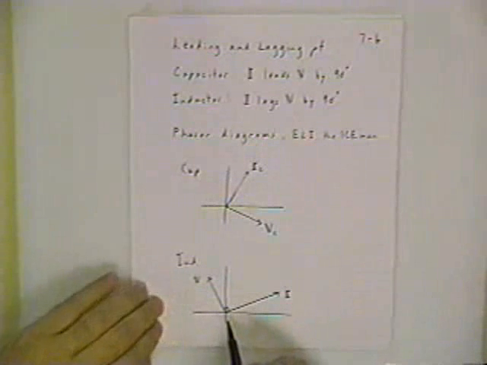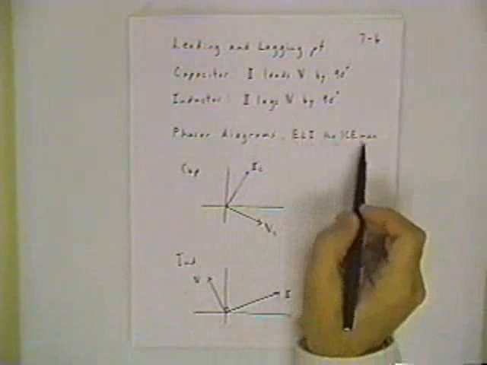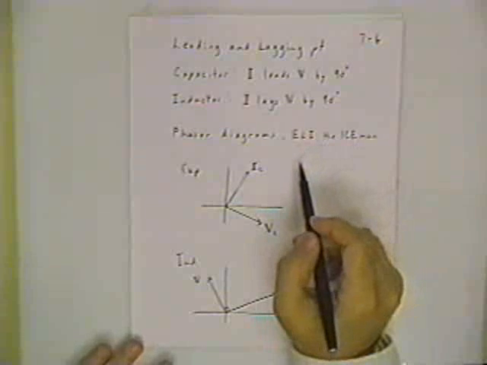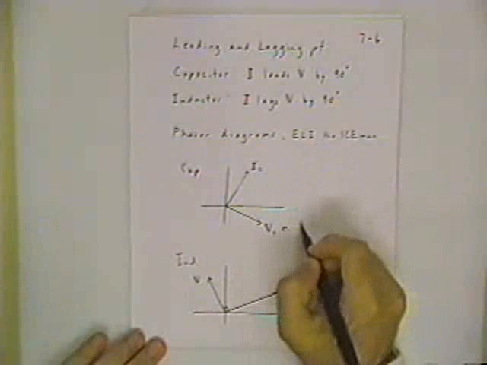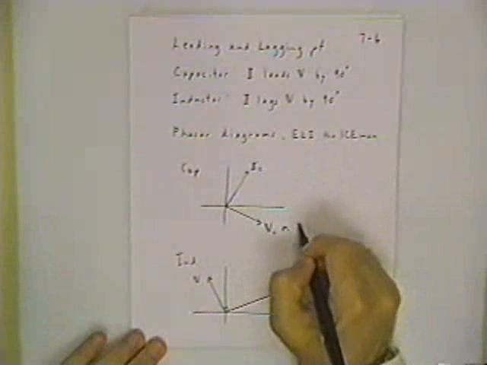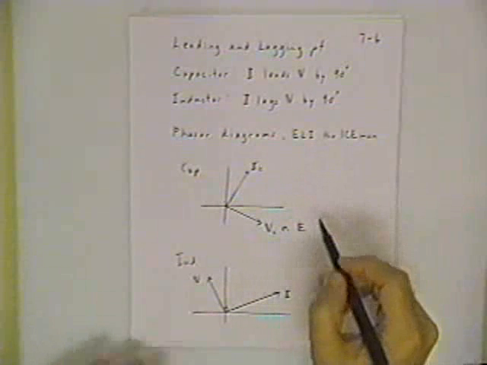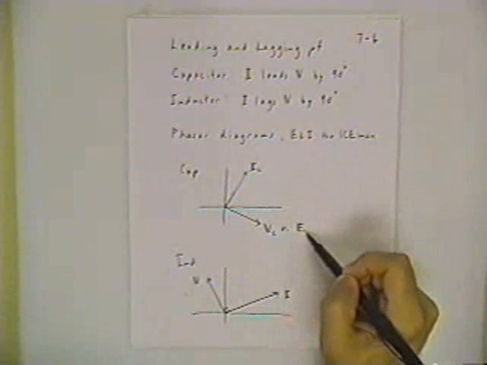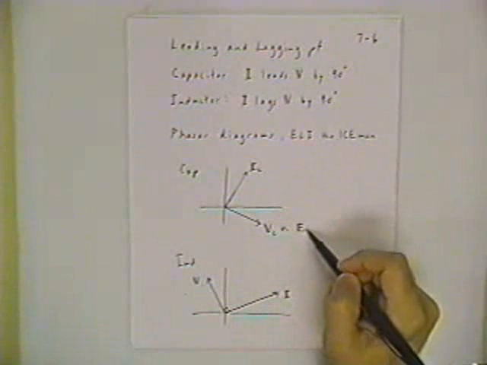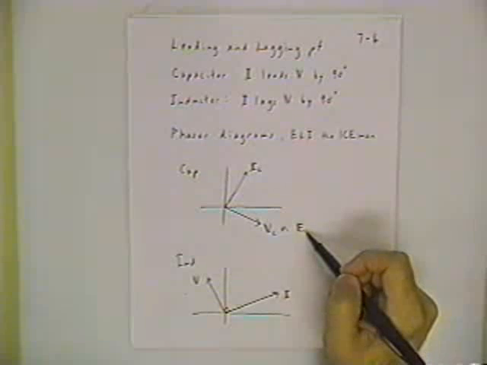Now, there's a nice little mnemonic to help you remember that. If you just go over to the alternate notation for voltage, which is to say E. Now, in electrical engineering, we generally don't use E for voltage because we like to use E for electric field, but throughout history, physicists have used E quite a lot for potential and potential difference.